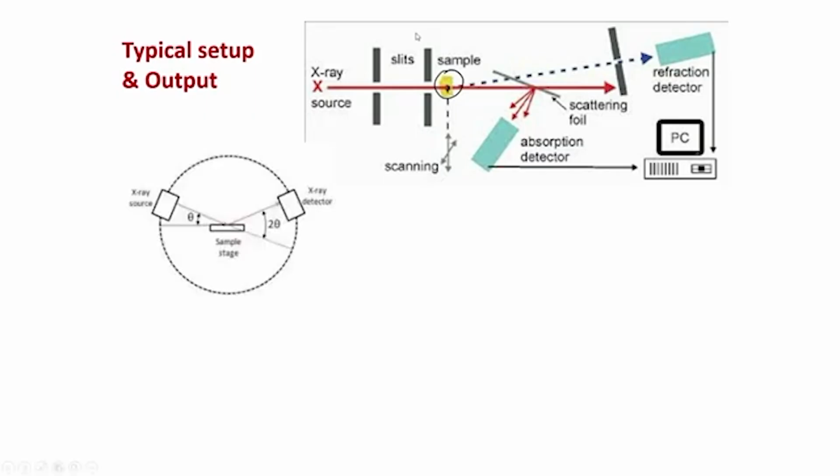A more simple and schematic diagram would be that there is an X-ray source which falls on the sample, and this gets diffracted, and there is a detector placed here on the right, and there is an angle 2 theta.